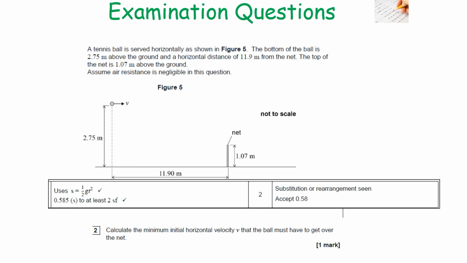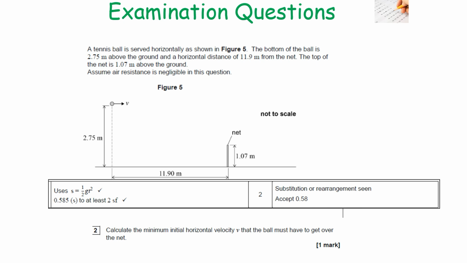Now the next question is, calculate the minimum horizontal velocity the ball must have to get over the net. Well, in the horizontal we know what our displacement is going to be. You can see in the question it's 11.90. We know what our time is because you just worked it out to be 0.585.